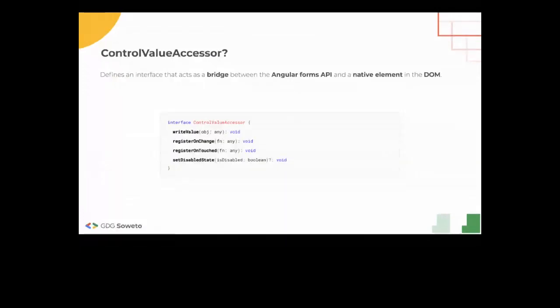First of all, why ControlValueAccessor, and how will it help us in creating form elements in an Angular application? The ControlValueAccessor is basically an interface provided by Angular, which can act as a bridge between your Angular Forms API and native elements in your DOM.